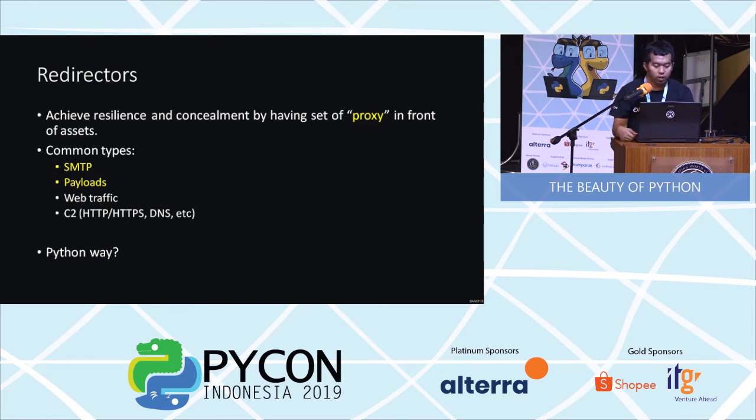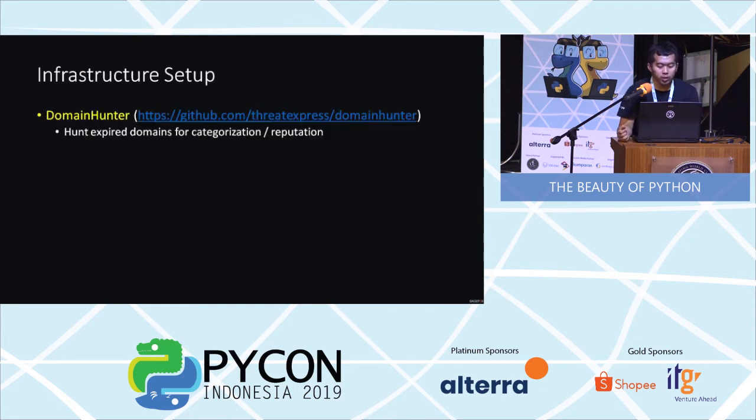In our case, we use a tool named Domain Hunter to set up infrastructure. We use it to hunt expired domains for a category. Some huge organizations like maybe Amazon or Google have a very large number of domains, and in some situations the domain is expired.